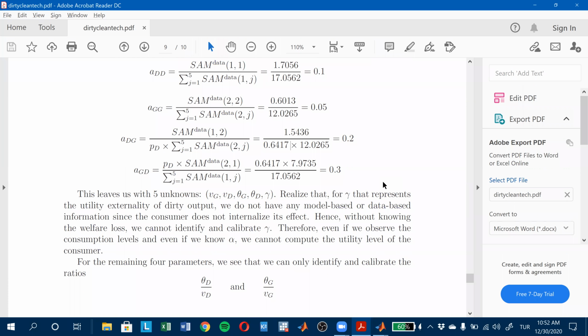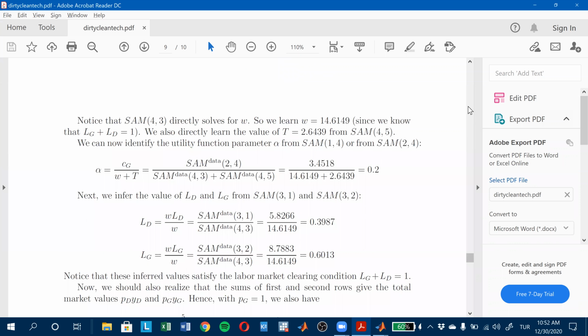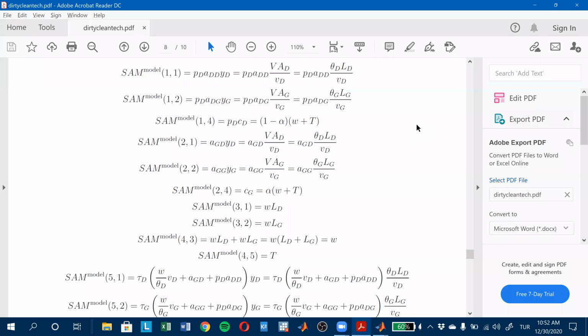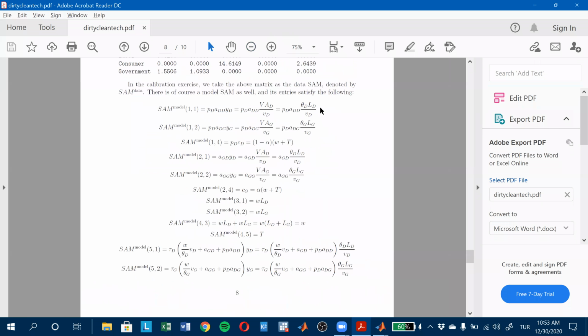I have no idea what gamma is equal to, right? I cannot infer what gamma could be equal to by looking at the SAM data. Why? Because I do not ask the consumer how much they lose welfare when there is dirty output around, okay? And the household does not internalize its effect, okay? So in the SAM data, if you look at this part, right?